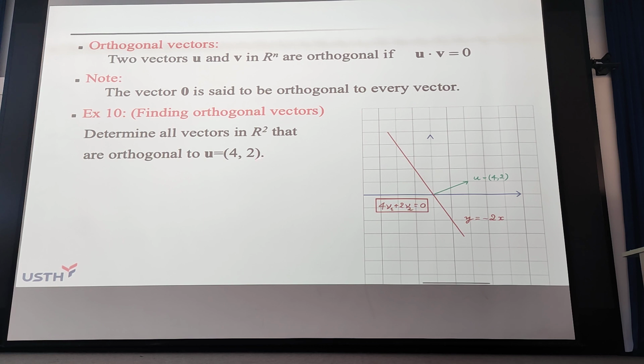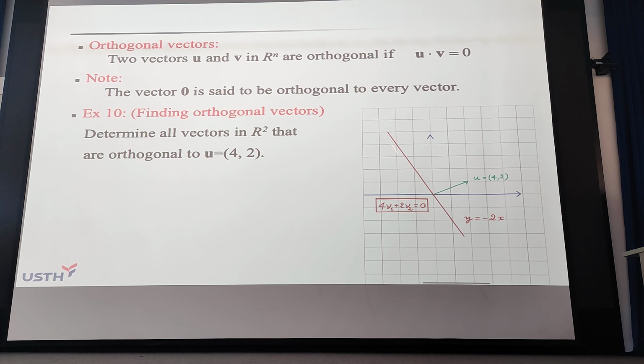Here is the example. Consider the vector U with coordinates (4, 2) in the plane, the green vector here. You are required to find all other vectors in the plane that are orthogonal to U. Any other vector in R2 orthogonal to U will lie on the red line here, that is, any vector going from the origin to a point on the red line.